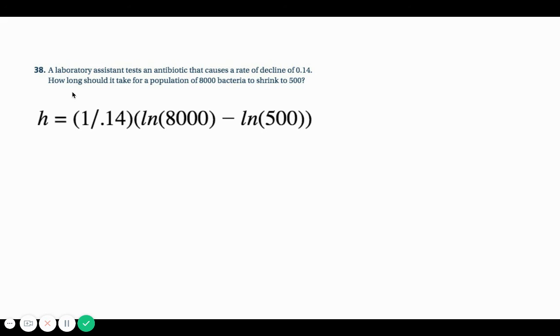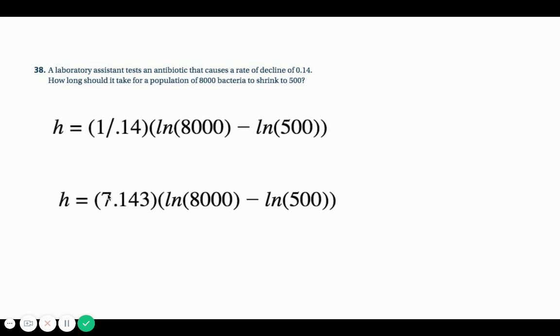The first thing we're going to do is we're just going to divide 1 by 0.14, because those are just numbers. It's really easy to do. And we get 7.143. So now let's simplify the 2 natural logs. We're going to apply that log rule we just learned, which is to divide these 2 numbers and put them in the same log.